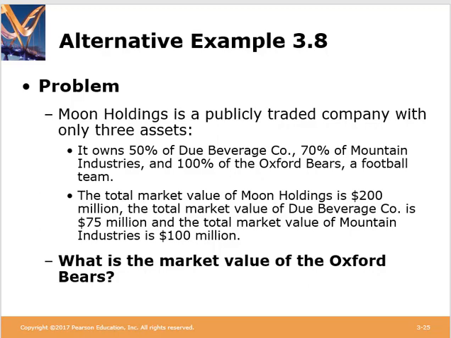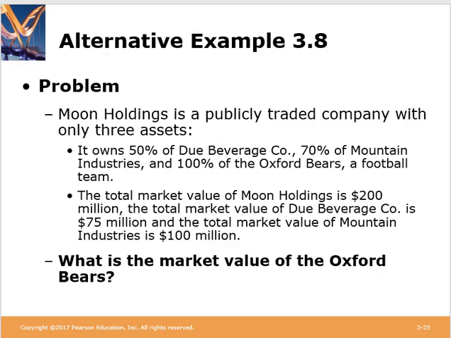So we have a company, it's called Moon Holdings. It's a publicly traded company. 50% of it is Dew Beverage, 70% is Mountain Industries, and 100% of the company is Oxford Bears. So the total market value of Moon Holdings is $200 million.